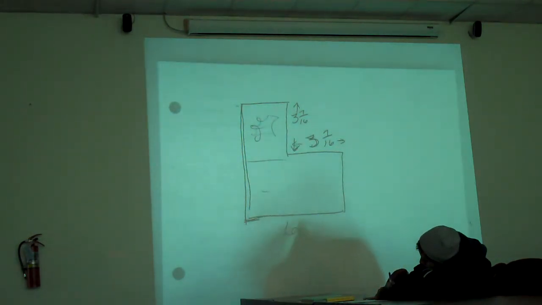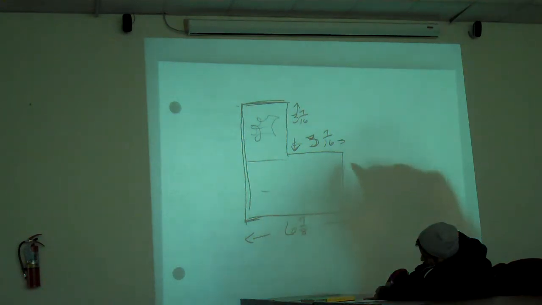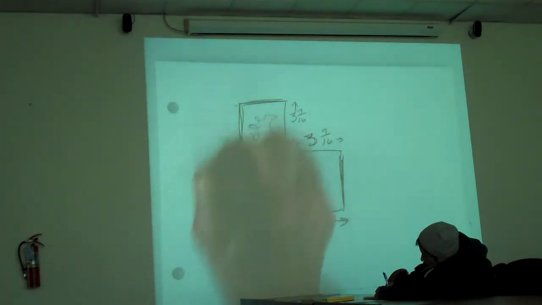It gives you a number here, but it didn't give you the top number here, right? And it didn't give you this number. It gave you this adds up to 6 and 7/8.